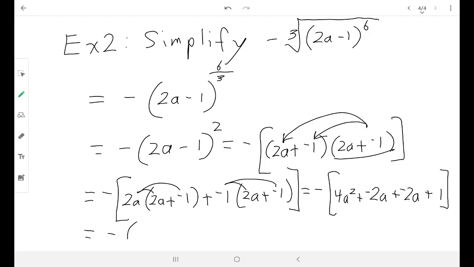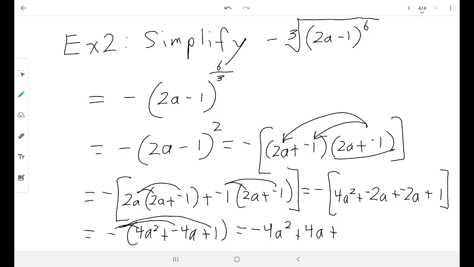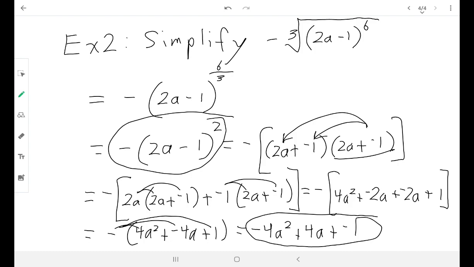And then I could simplify that to be 4a squared plus negative 4a plus 1. And then I could distribute that negative to everything and have negative 4a squared plus 4a plus negative 1. And that also is an answer. However, I want to point out that the previous answer is perfectly acceptable, and there's really no reason to have gone beyond that. Okay?